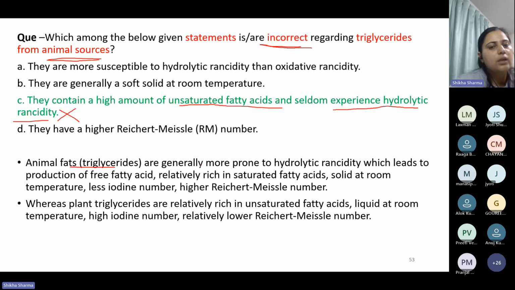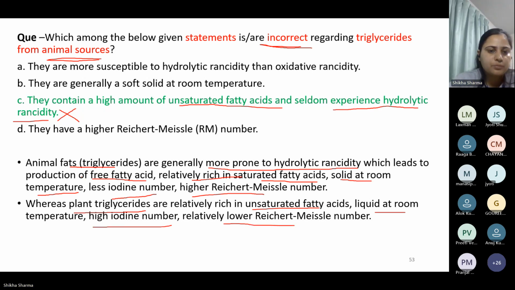Triglycerides are generally more prone to hydrolytic rancidity, which leads to the production of free fatty acids, and are relatively rich in saturated fatty acids, solid at room temperature, with a lower iodine number and higher RM value. Whereas plant triglycerides are rich in unsaturated fatty acids, so they are liquid at room temperature, with a high iodine value and lower RM value.